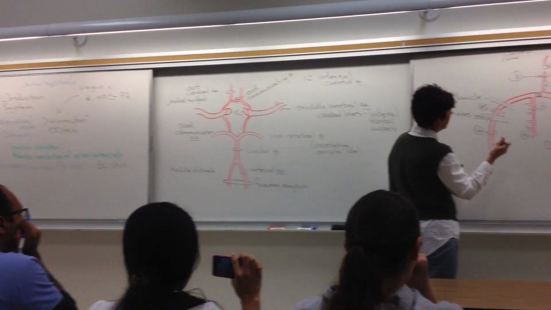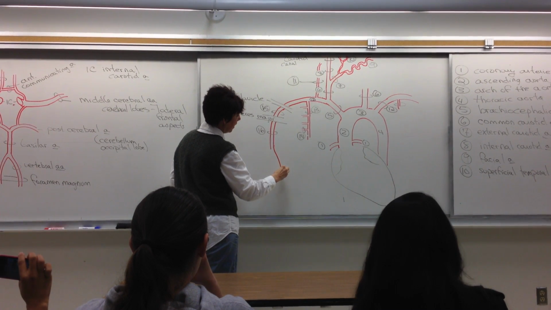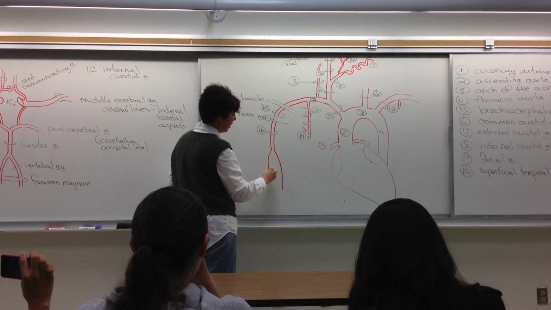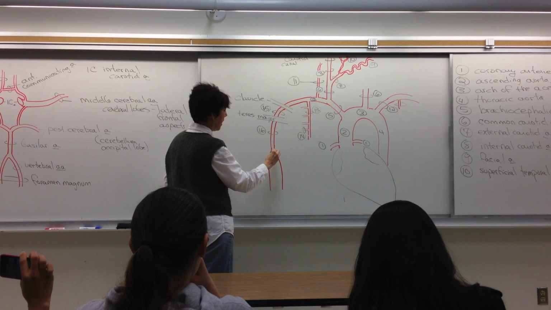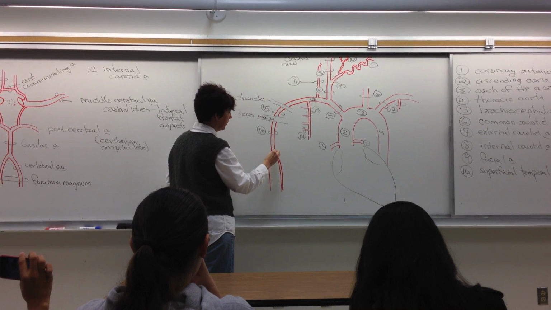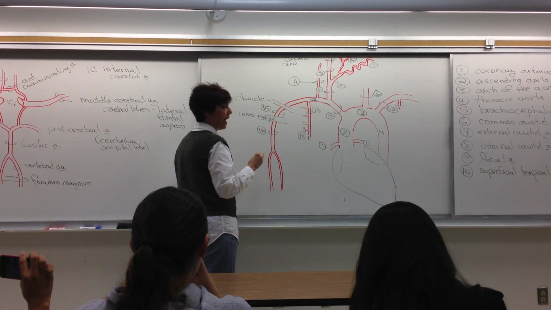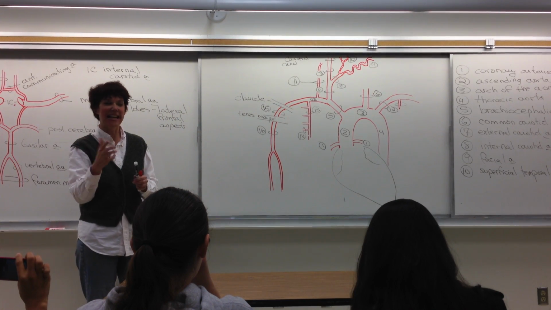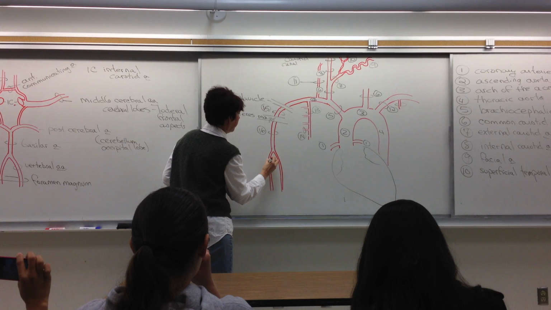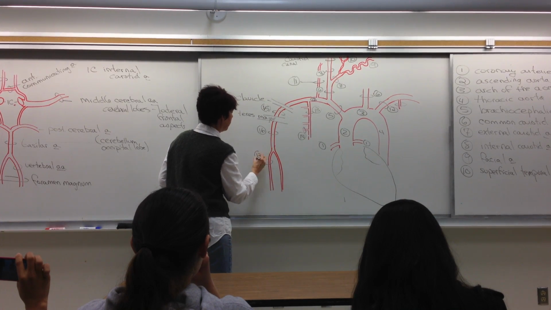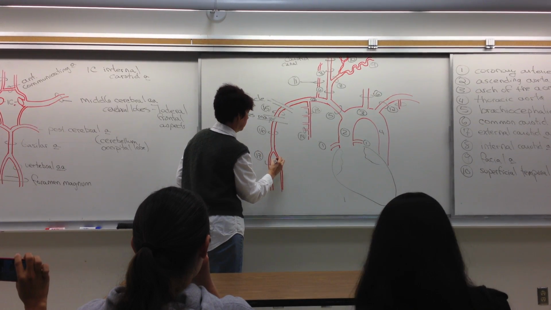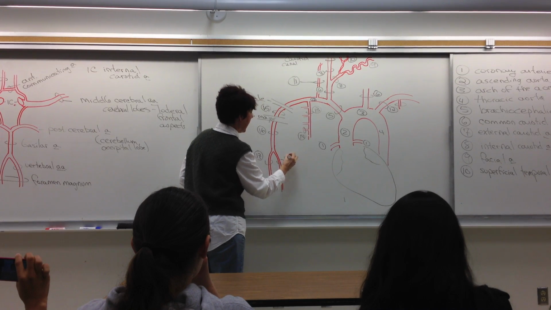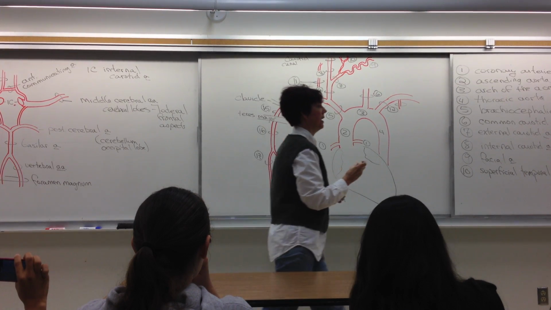Just above the elbow, it divides into two major arteries. There's a lot of branches around the elbow that we're not dealing with. And you know, what is the lateral bone of the arm? Radius. And so we have 17, which will be the radial artery, and 18, which is the ulnar artery.